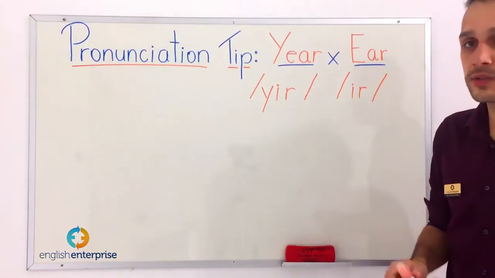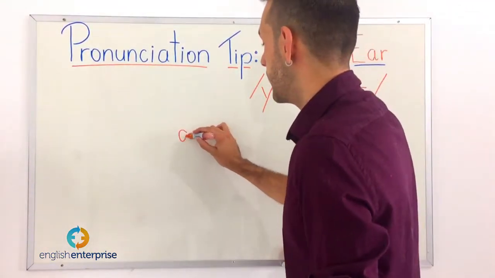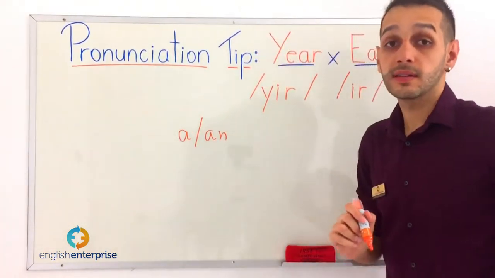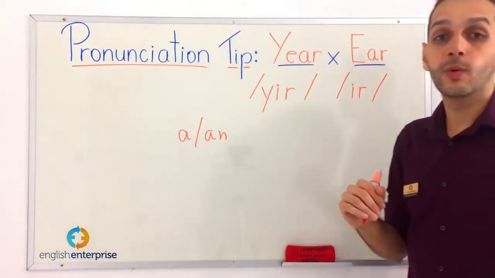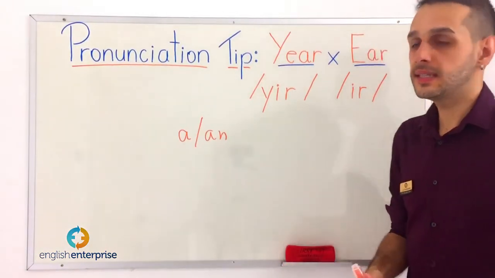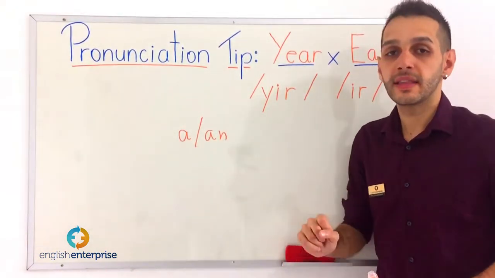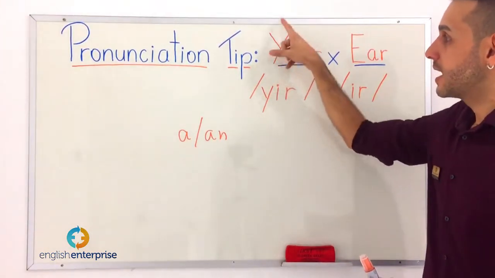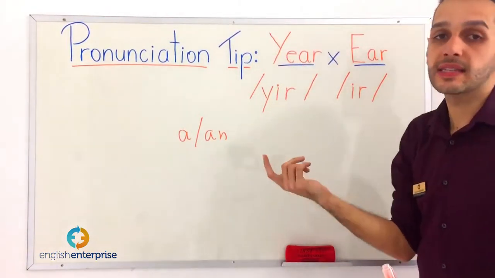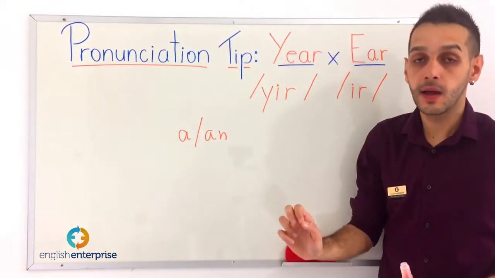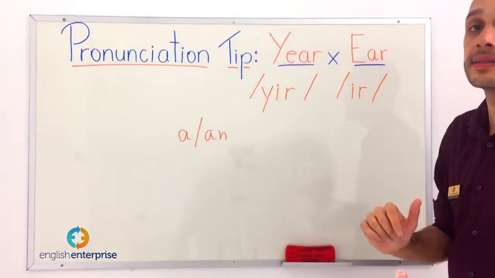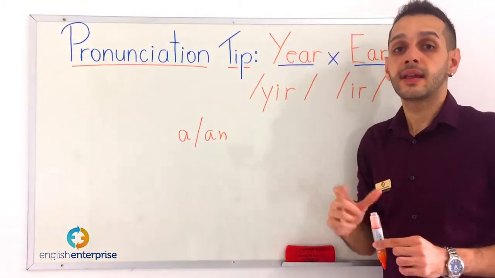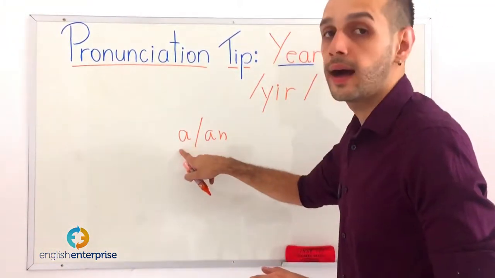The second tip is when we use a or an to talk about singular nouns. So when it's singular, you probably need to use one of those, and here's the difference between them. Since I start this word with a consonant, actually Y is considered a semi-vowel, but it sounds like a consonant in this case, since it's starting with a consonant, I need to say a.